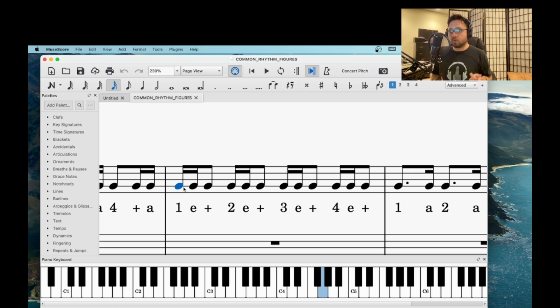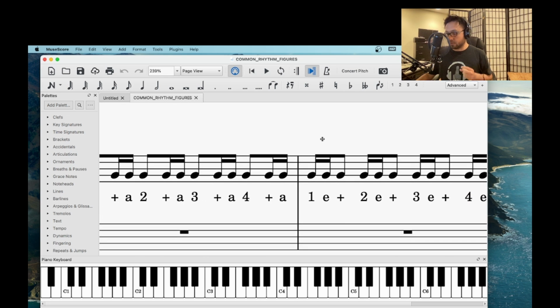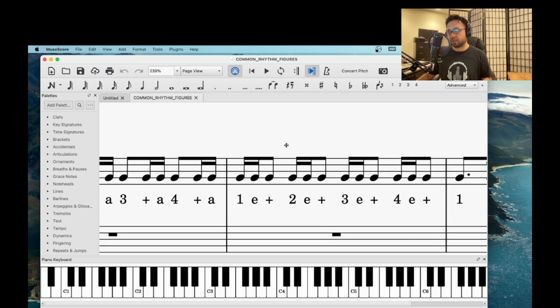With numbers: 1 e n, 2 e n, 3 e n, 4 e n. Again, with practice, you will understand. You will start to recognize which is which. It might be confusing at the beginning because this is just the same thing flipped around, but with practice, you're going to get it.